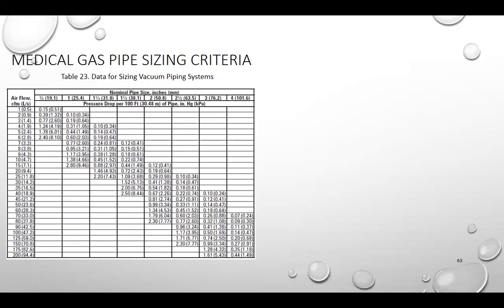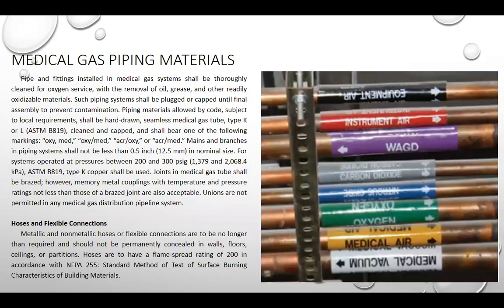So, ito naman data for sizing vacuum piping system. Medical gas piping materials. So, pipe and fittings installed in medical gas system shall be thoroughly cleaned for oxygen service with the removal of oil, grease, and other readily oxidizable materials.